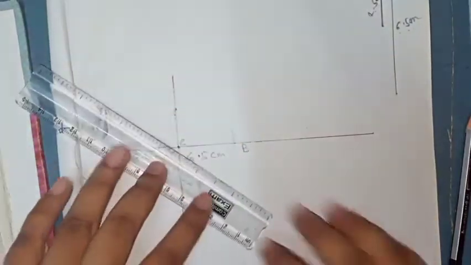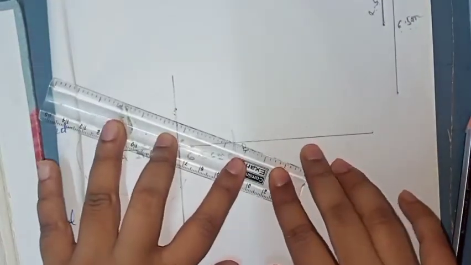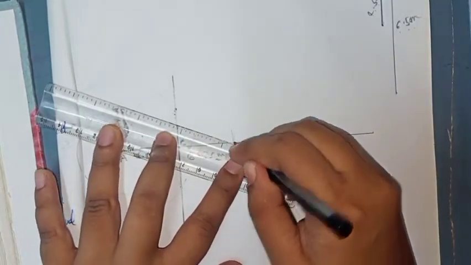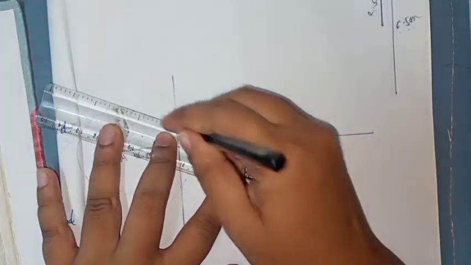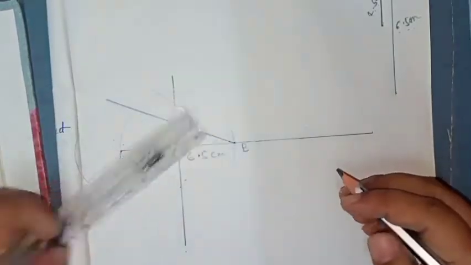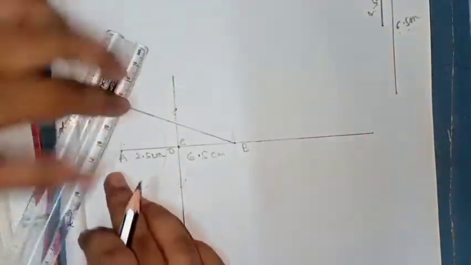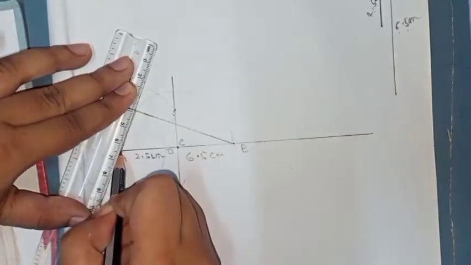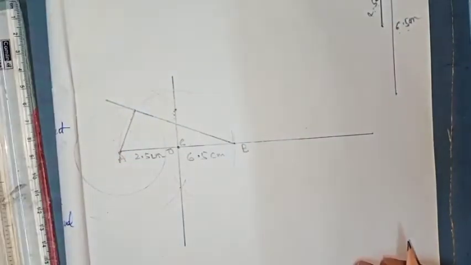After making the half circle, this point will join with the tangent, and this one will join with this. Understood?